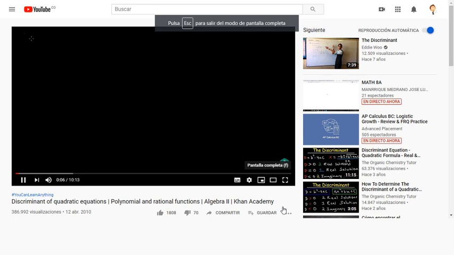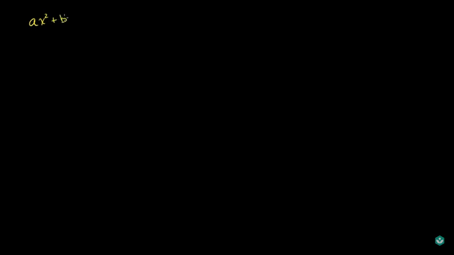So let's say we have a quadratic equation of the form ax squared plus bx plus c is equal to 0. The quadratic formula, which we proved in the last video, says that the solutions to this equation are x is equal to negative b plus or minus the square root of b squared minus 4ac, all of that over 2a.